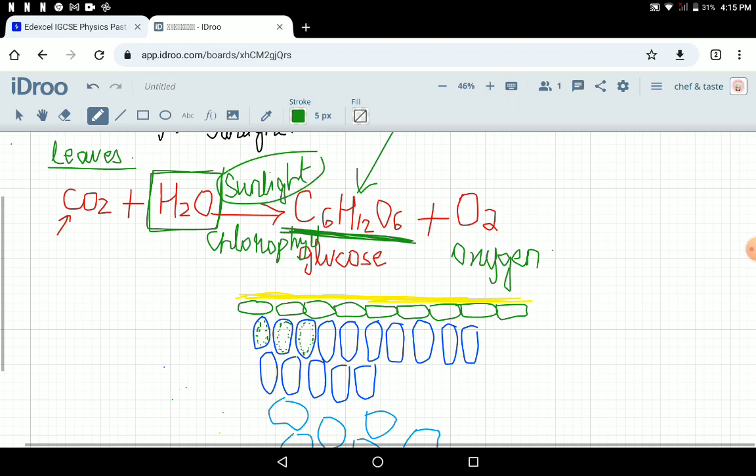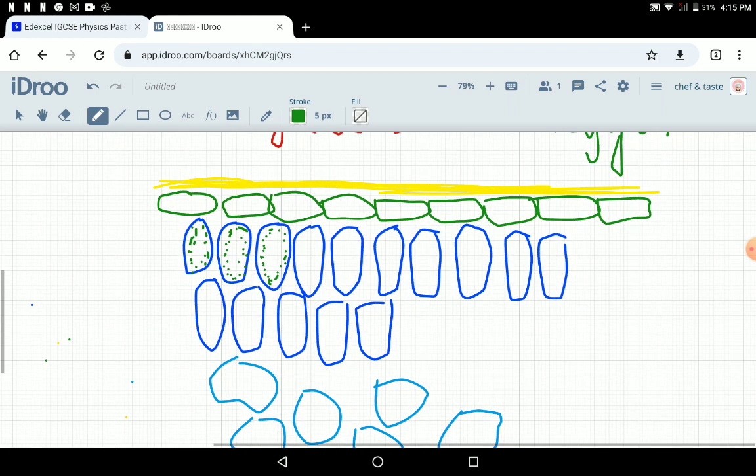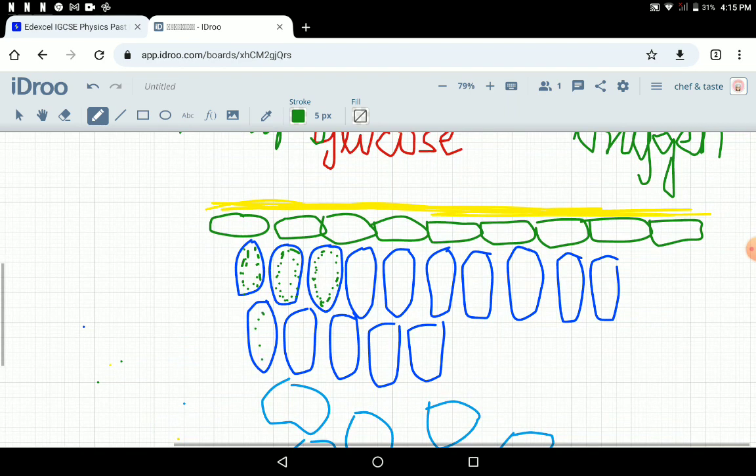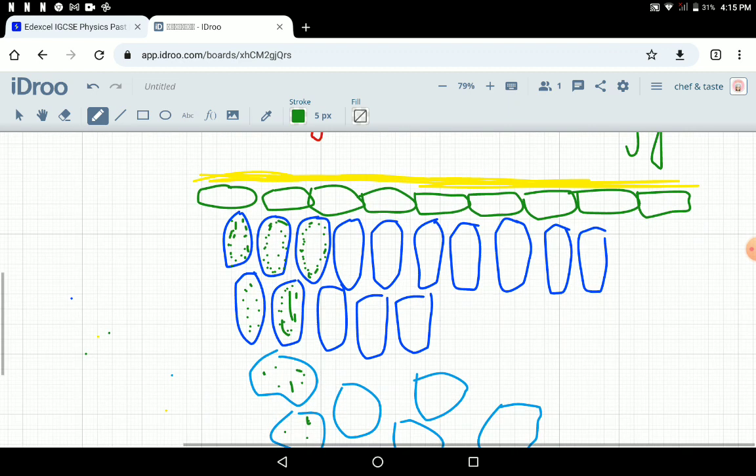Without sunlight, photosynthesis cannot occur. First, let's discuss the different features. Spongy mesophyll contains only a very small number of chloroplasts.